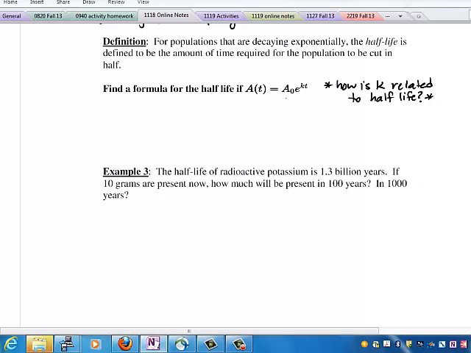When we're at the half-life, we've got half of the original amount left. So the amount left would be half of a sub 0. We set up the equation 1/2 of a sub 0 equals a sub 0 e to the kt.